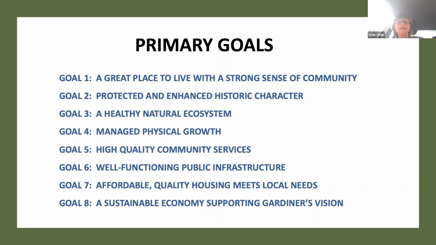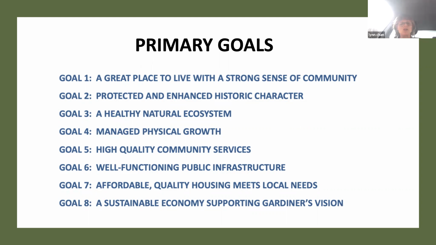So a great place to live with a strong sense of community, protected and enhanced historic character, if it doesn't keep burning down, which it seems to. A healthy natural ecosystem, of course, is extremely important to what we think we are in Gardner. Managed physical growth, which we're all trying to do, high quality community services. As we're part of Park County, often we feel we're at the end of the road as far as getting support for infrastructure and things like that.